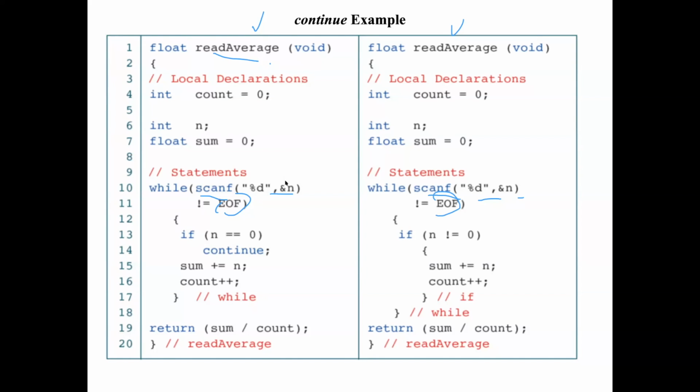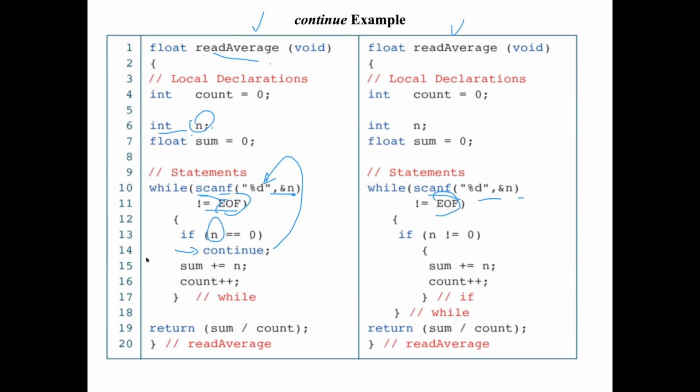So as long as you don't key in a file, this keeps on reading what you enter from your keyboard, as long as this n, an integer, is not 0. If this is 0, then it continues. What happens is, if continue is met, it takes you back into this expression, which is checking your stream coming from your keyboard, as long as this is not in a file.